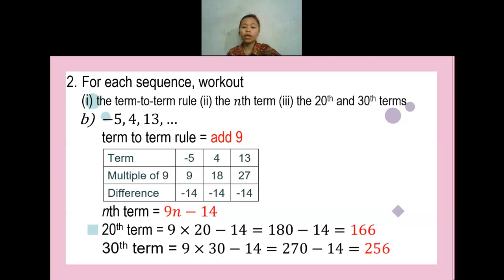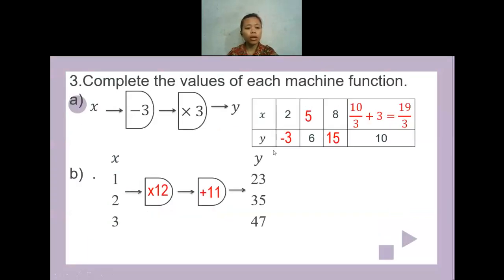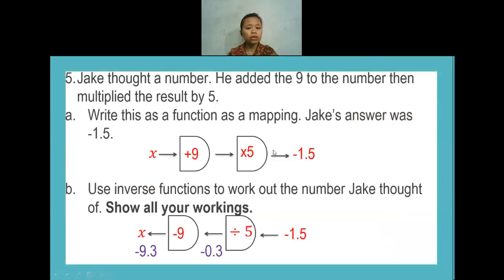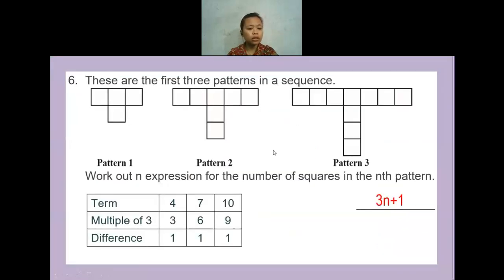Is there anyone having any question before I continue to question 11? No question? For sure? Okay. No one tells me anything through the chat box, so I will just move on to the next question.